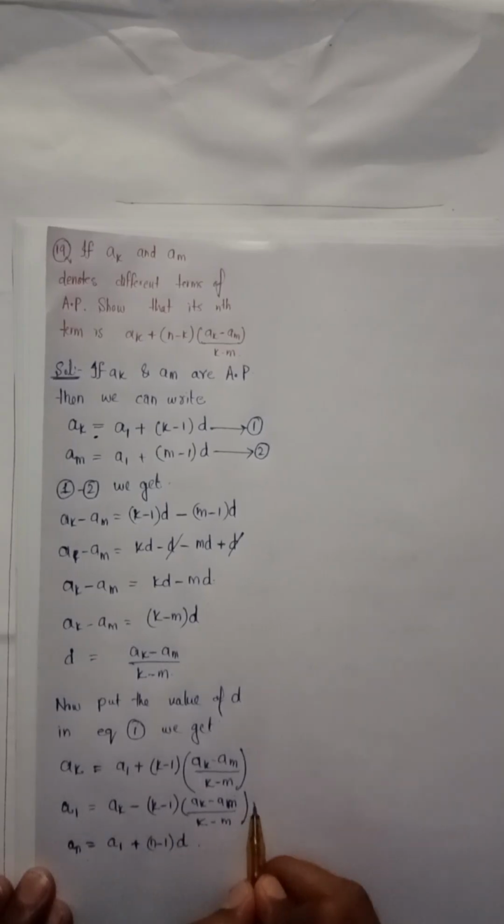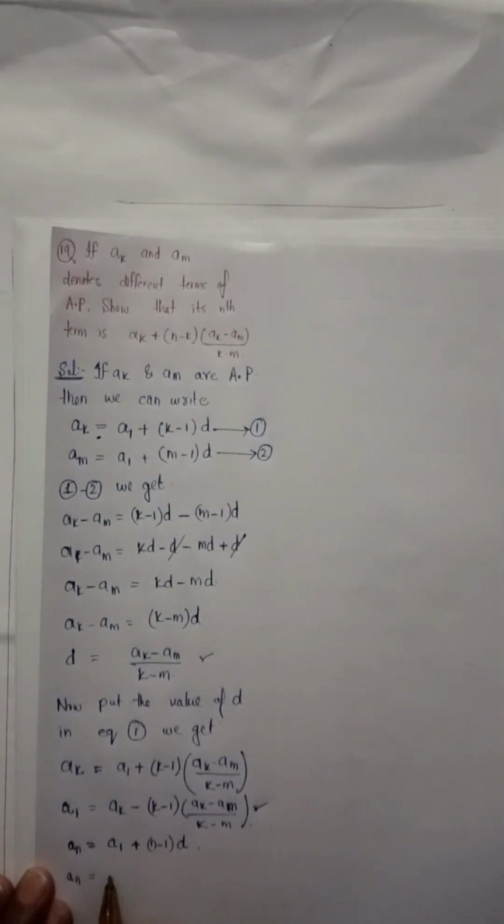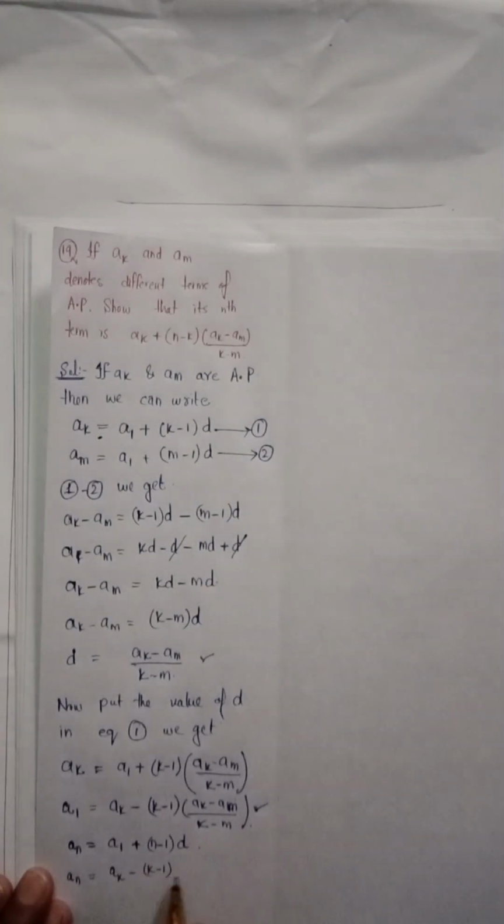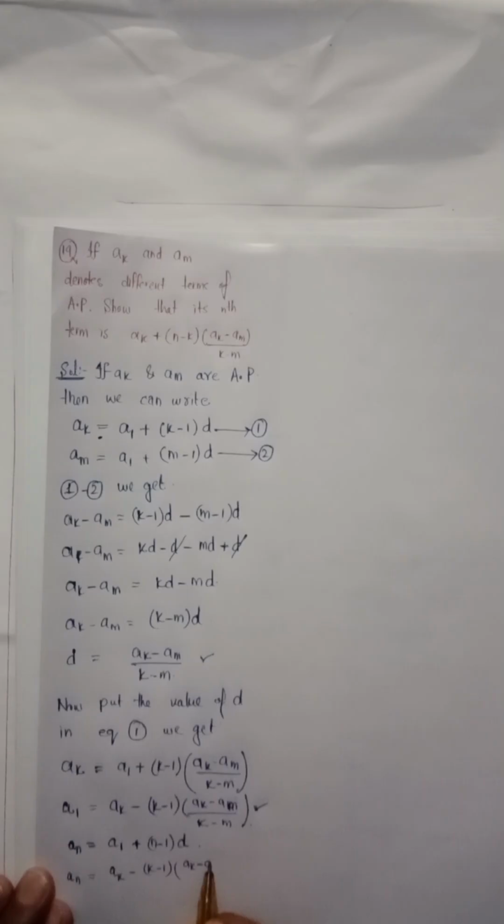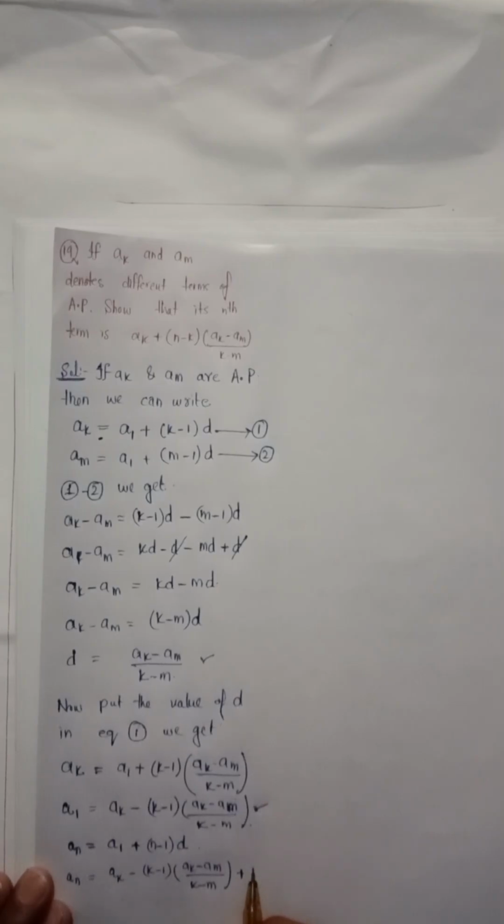We get an equals ak minus (k minus 1) into (ak minus am) over (k minus m) plus (n minus 1) into (ak minus am) over (k minus m).